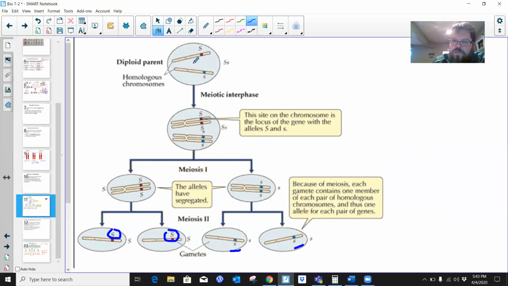In other words, the parent individual, plant or whatever it is, has the dominant and recessive allele in this case. Well, they can't pass on both to their offspring because they can't pass on both to the sex cells that they produce. So that results in haploid cells that are going to have either one or the other.